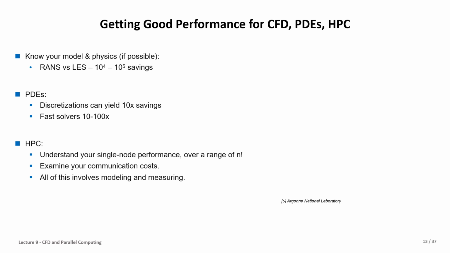And regarding the PDEs, discretization can yield 10 times saving and fast solvers 10 to 100 times. However, for the HPC, we need to examine the communication cost to see how it makes the performance better in the solution.